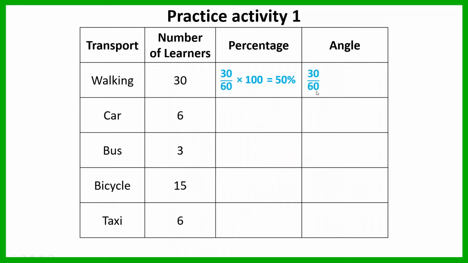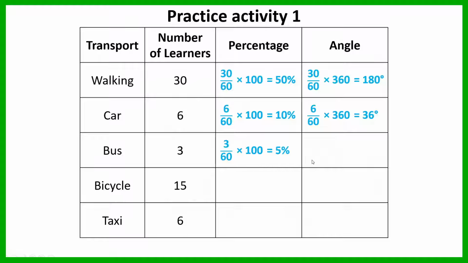Then for the angle, it's again 30 over 60, but this time we multiply by 360, and that gives us 180 degrees. For car, it's 6 over 60 times 100 gives us 10%, and then 6 over 60 times 360 gives us 36 degrees. For bus, 3 over 60 times 100 is 5%, and then 3 over 60 times 360 is 18 degrees.